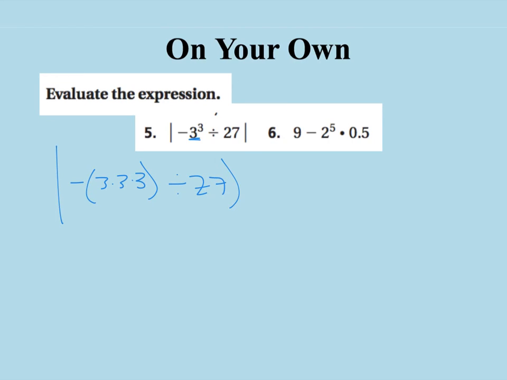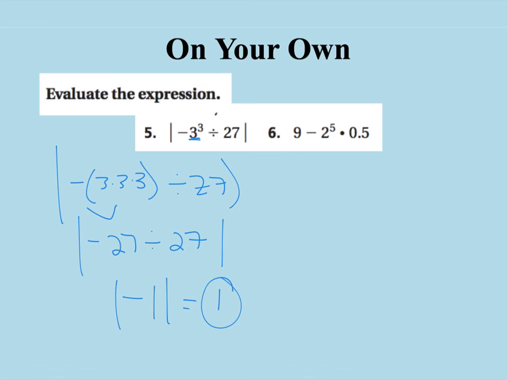So 3 times 3 times 3 is going to give us a value of 27. And because it's multiplied by a negative, it is now final as a negative 27 divided by 27, which gives you the final answer of a negative 1. But because it's in absolute values, your final answer is a positive 1.